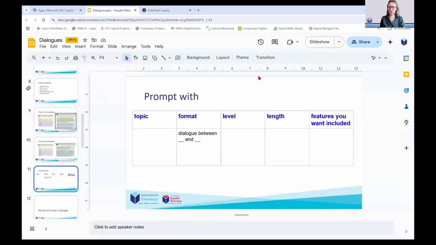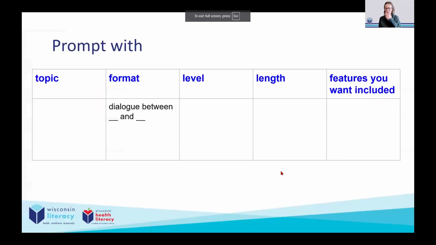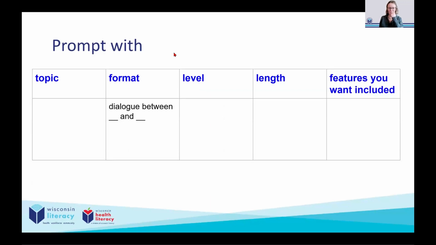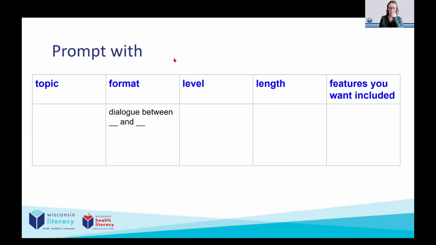Any questions about using AI to generate a dialogue? Yeah, there is a copy icon as well, right? That was the sort of the duplicate, the two boxes overlapping.